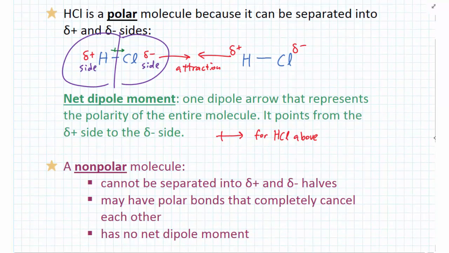Now, a nonpolar molecule is the opposite. Okay? It does not have a minus side and a plus side. Its electrons are all distributed equally, symmetrically. Okay? So we don't have a minus end and a plus end. All the electrons are just spread out evenly all around.